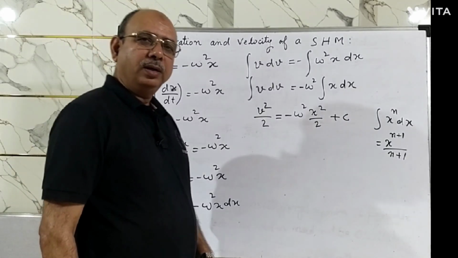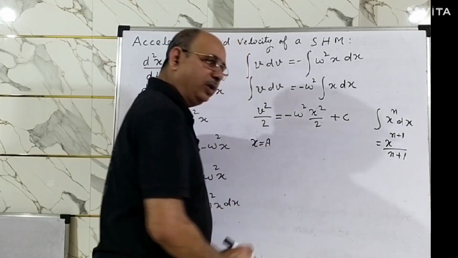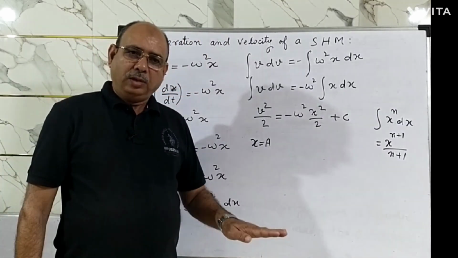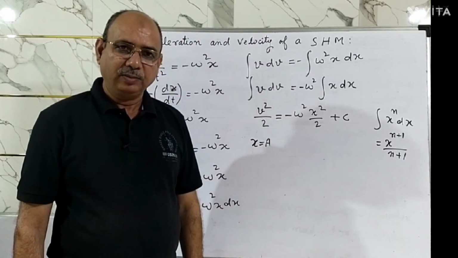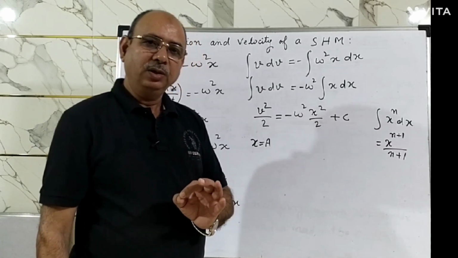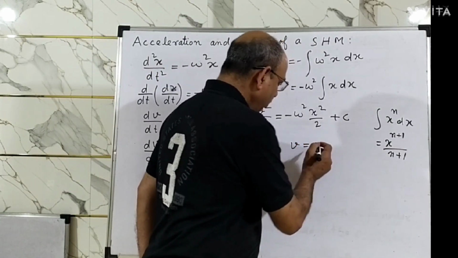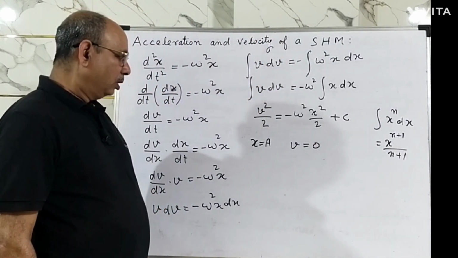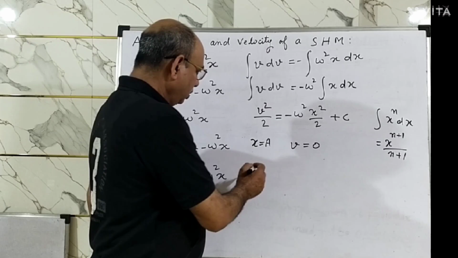When x is equal to A, that means the block or the oscillating body is at the extreme position. At extreme position, velocity is 0. v is equal to 0. Now put this value in this equation.